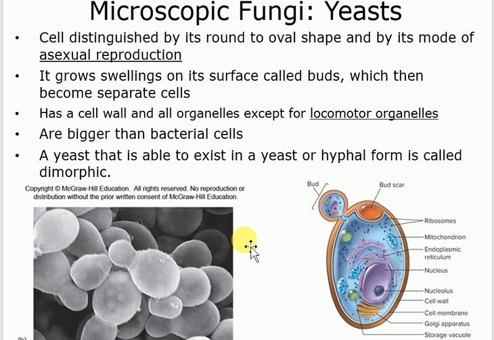It's asexual anyway, but what kind of asexual? Budding. When you see budding, you're talking not just about fungus, you're talking about yeast. Look at this bud. You just make a protrusion like this, a bud, and this bud will separate. Now you have two, right? And each one of those two will make a small bud, and this bud will become bigger and detach. You now have 4 and so on. So this is how they reproduce. When you see bud, yeast. Bud, yeast.